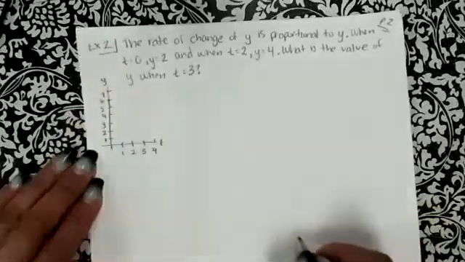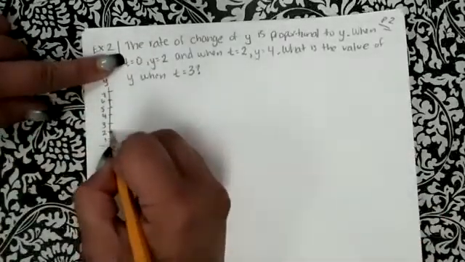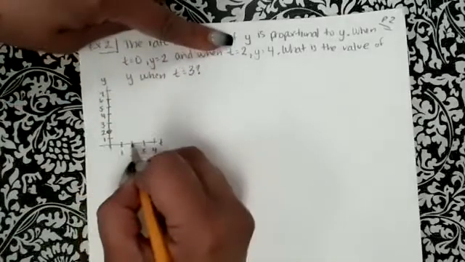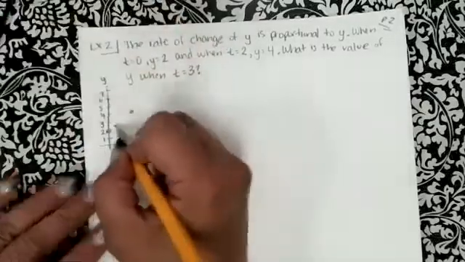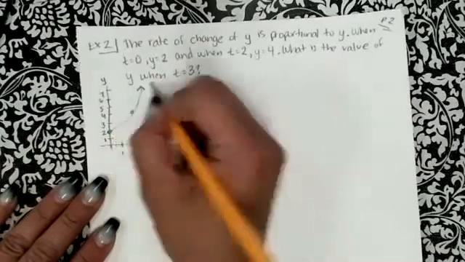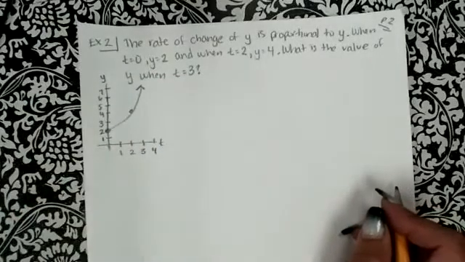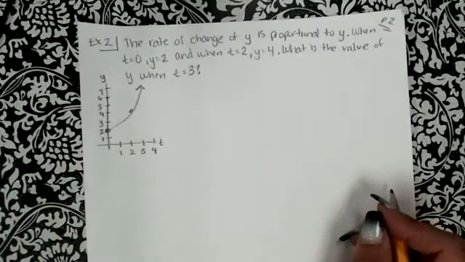This is going to be the y. At t is 0, y is 2, and at t is 2, y is 4. So this is going to be an exponential growth, so automatically k has to be greater than 0.